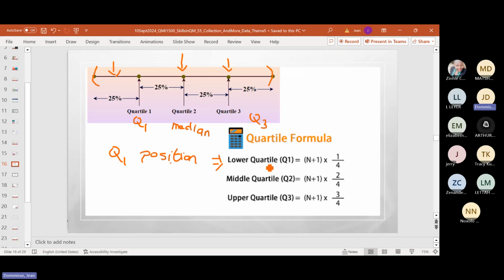And then we will go to the data to say, okay, if it was position 4, I will look at my data point, and data point 4, that will be Q1. Then we go to Q2 and Q3. So every time we will work out the position and then go to the data to find out what that data point is.